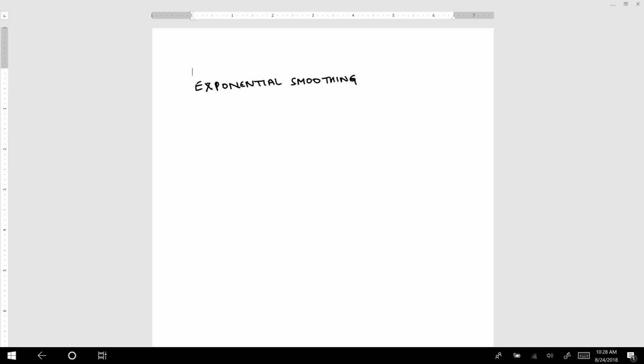So the formula which we will be using in the exponential smoothing method for forecasting is F of t equal to F of t minus 1 plus alpha times (A of t minus 1 minus F of t minus 1). This formula looks complicated, but it's very easy.